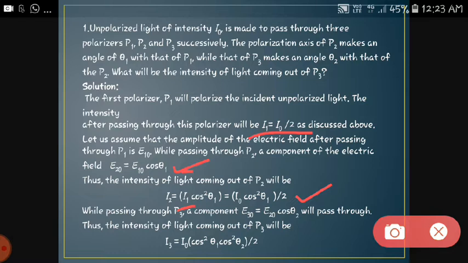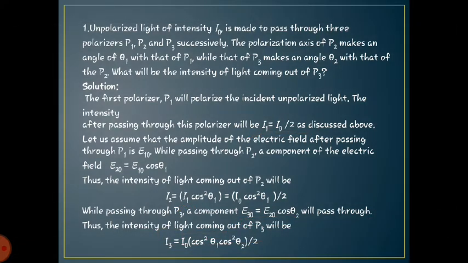While passing through P3, the component will be E30 is equal to E20 cos theta 2, and the intensity will be I3 is equal to I0 cos square theta 1 into cos square theta 2 by 2. This is the intensity coming out of P3.